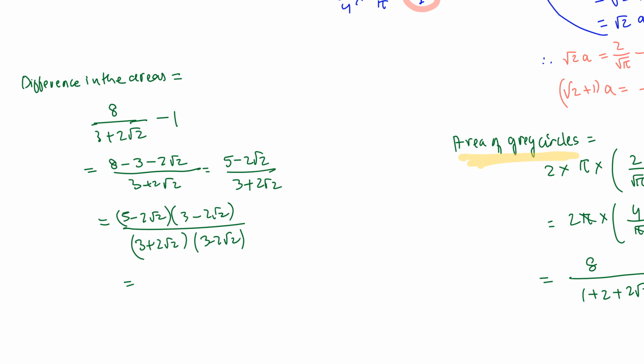Multiplying it all out, that's 15 minus 10 root 2 minus 6 root 2, plus 2 root 2 times 2 root 2, that's 8, over 3 squared minus 2 root 2 squared, that's 9 minus 8, it's 1.